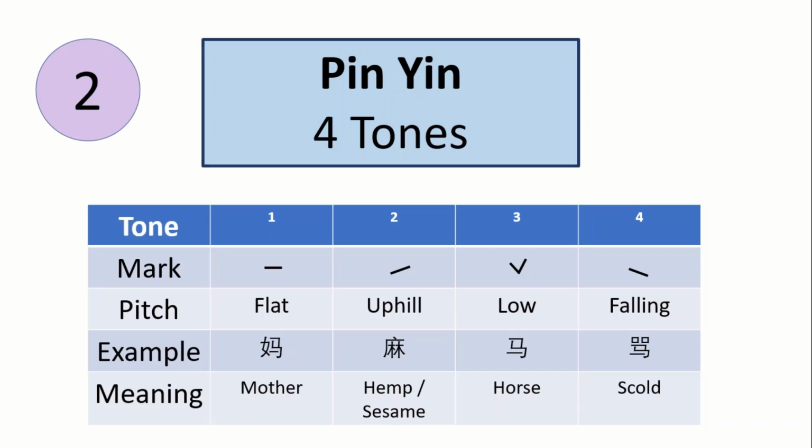And if it's the third tone, it means horse, ma. And the fourth tone, ma, means scolding, very angry. Therefore, if you do not pronounce it carefully, when you want to say horse, it might mean mother instead.